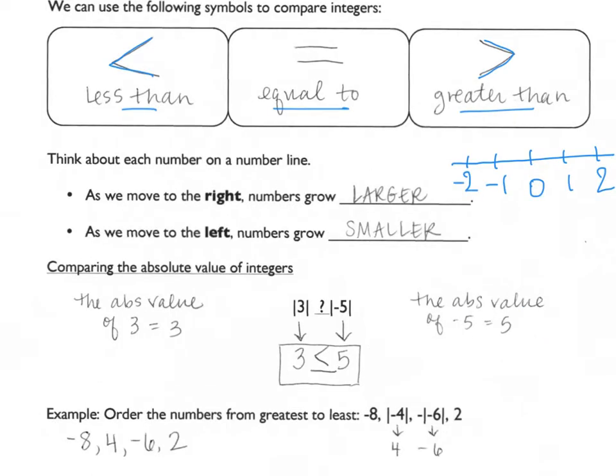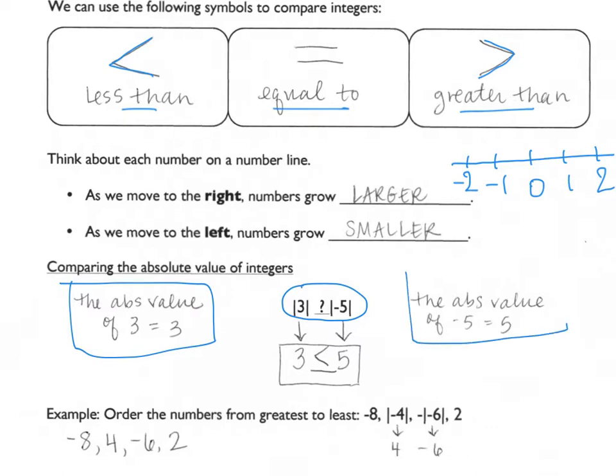Let's compare the absolute value of integers. So if we have this right here, we're comparing the absolute value of 3 with the absolute value of -5. Let's first take a look at what the absolute value of 3 is. The absolute value of 3 is 3, because we're moving 3 units on a number line.